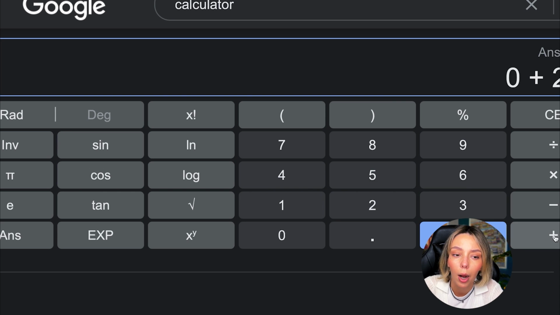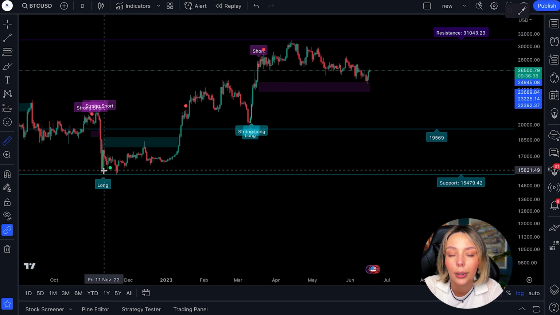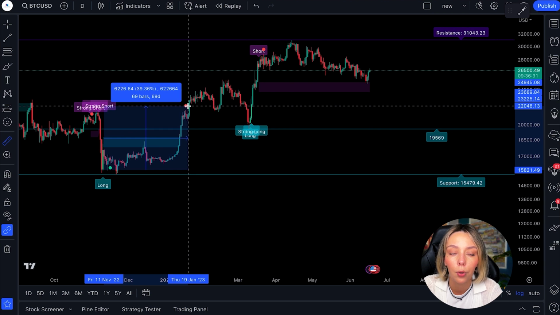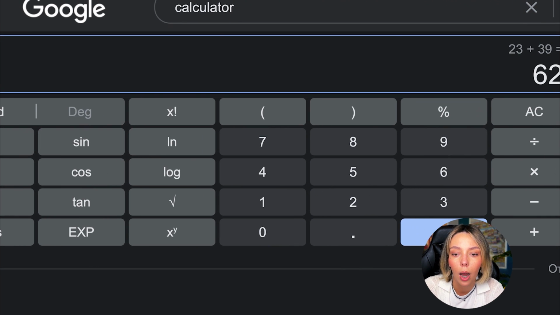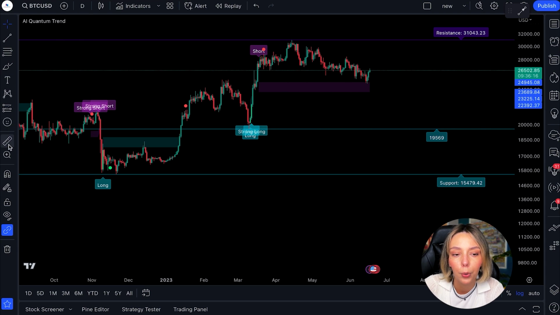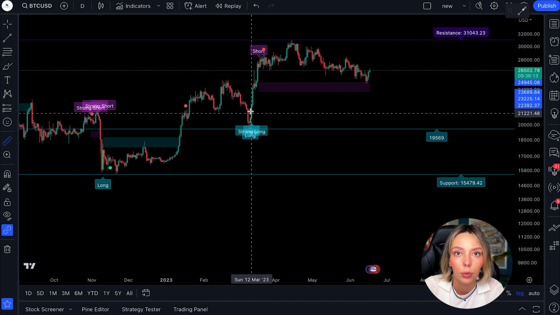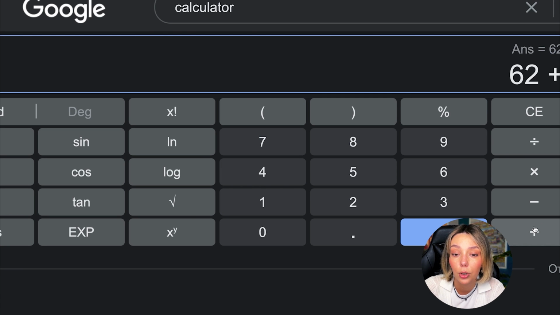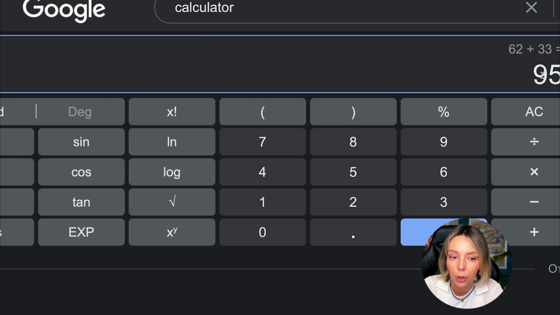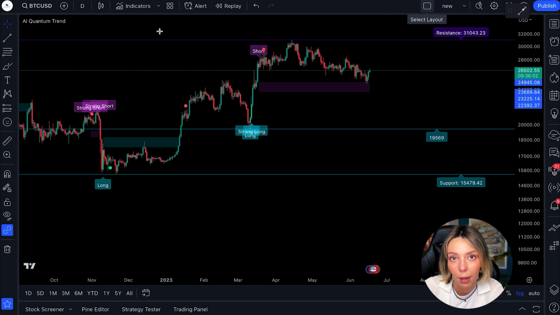So we write down 33% here, we could already earn. Then in 69 days, we could earn 39%. We add them as well. In total, we get 62%. We count further. We open strong long and in 12 days, we earn 33%. It turns out 95% of the profit without leverage.